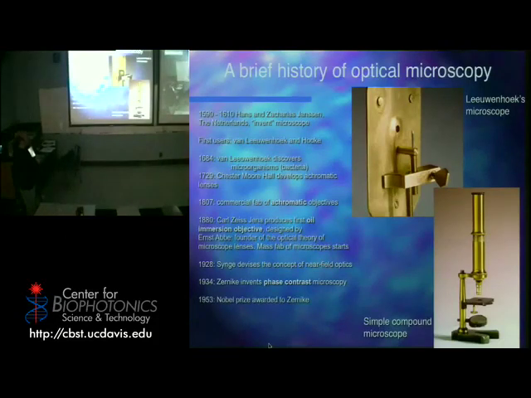And here's what one of the first versions looked like. A nail and a hole and a lens. Okay? That's one of the first microscopes. And here's, not too much later, it turned into this, with an objective here, a set of lenses here, and a mirror here to get the light into the sample.